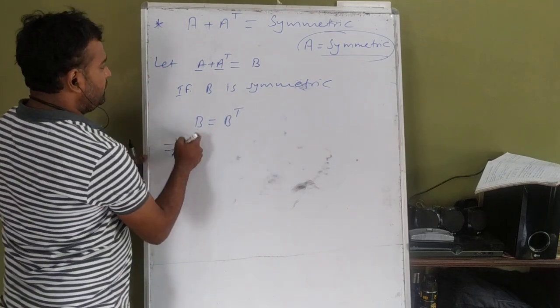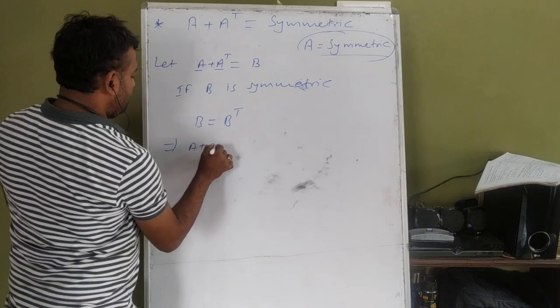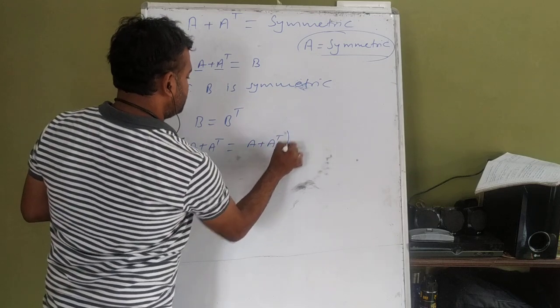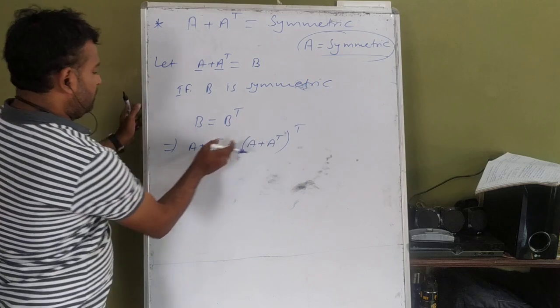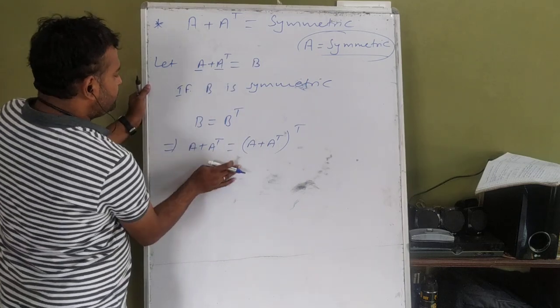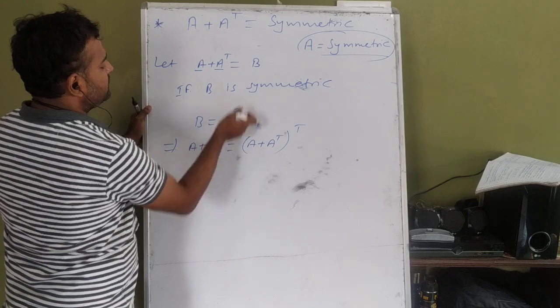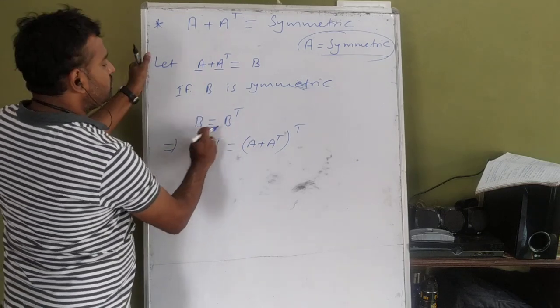Putting the value of B, it means A plus A transpose is equal to A plus A transpose whole transpose. Actually, we have to prove this one. B can be symmetric only if B is equal to B transpose.